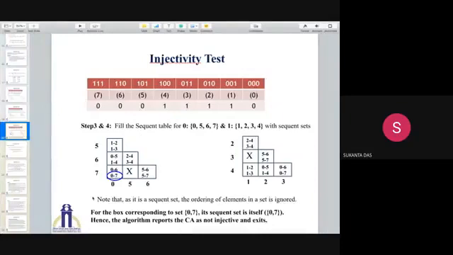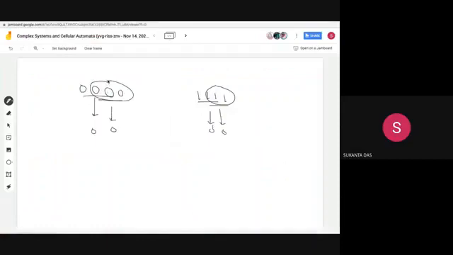So from 0 and 7 I get this sequence set 0 7. This is alpha dash, and this is beta dash.